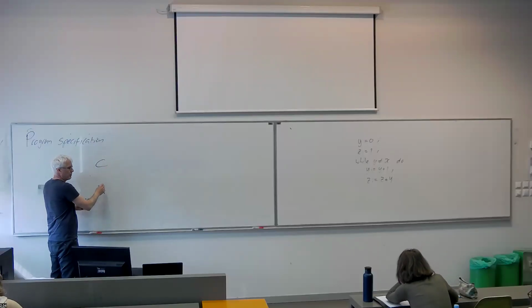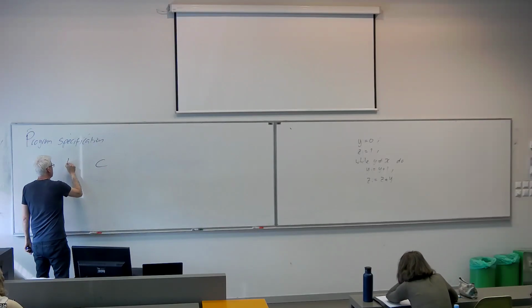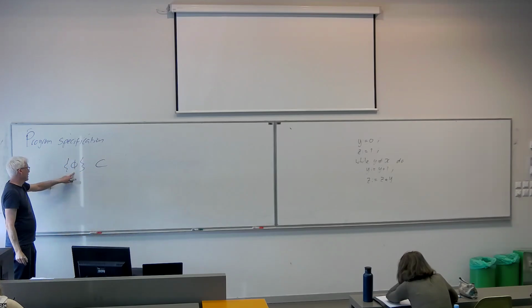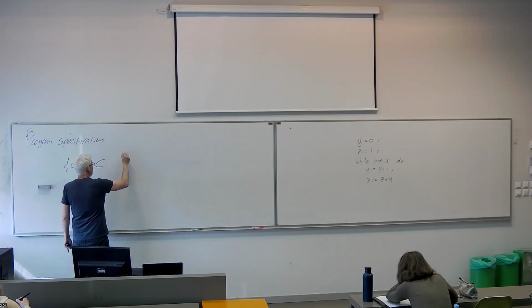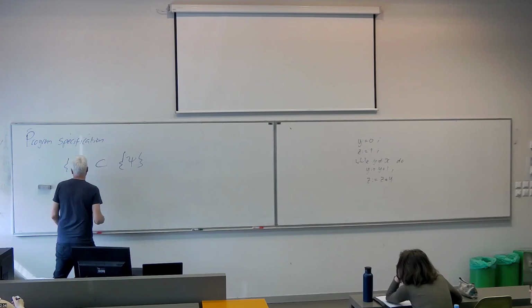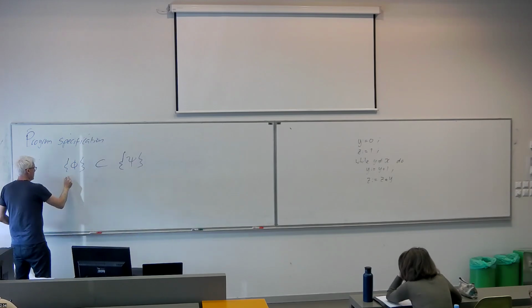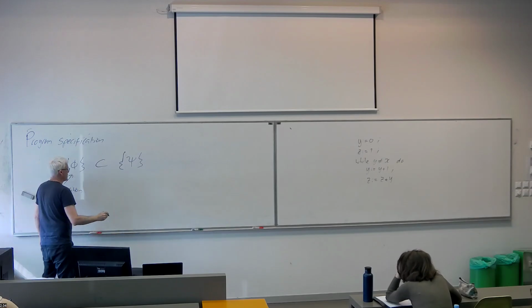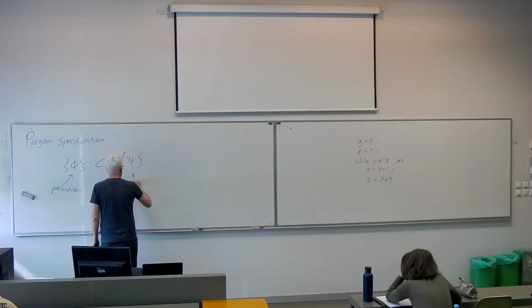We want to specify the properties of the program. And what we do is we use two logical formulas. So this is called the precondition, and this is called the postcondition.